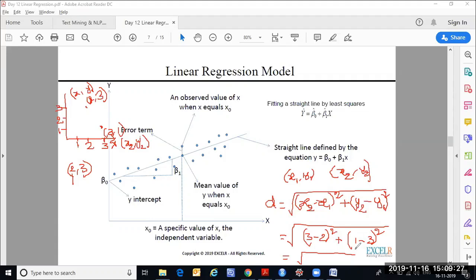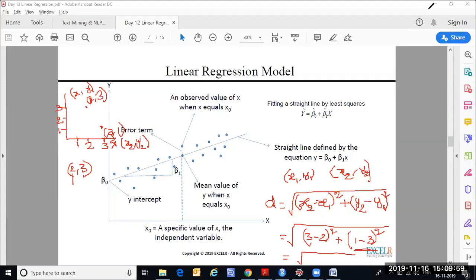If you look at this part, your y1 value is greater than y2 value. 1 minus 3, if you solve, how much do you get? Minus 2, right? Can a distance be negative between two data points? It should always be positive. It cannot be negative.